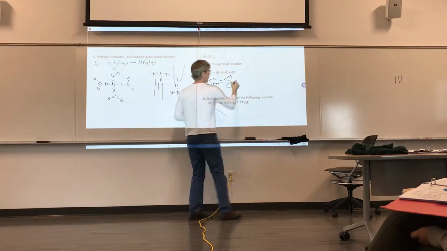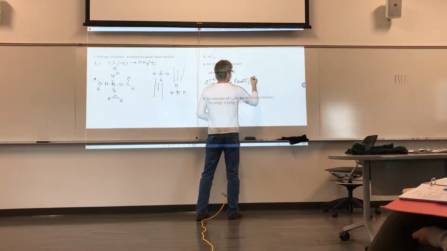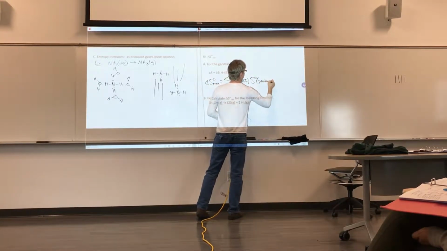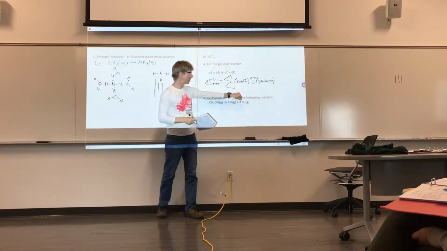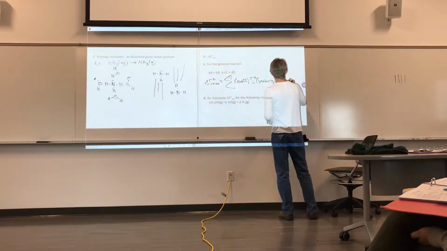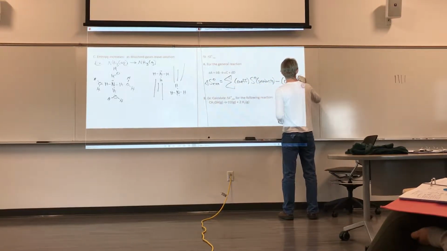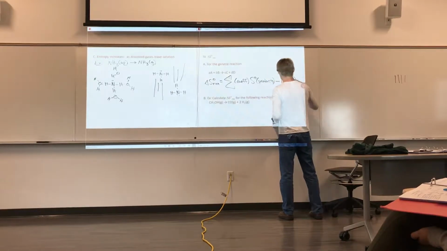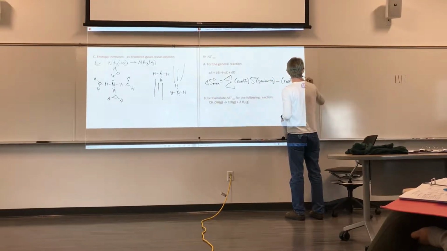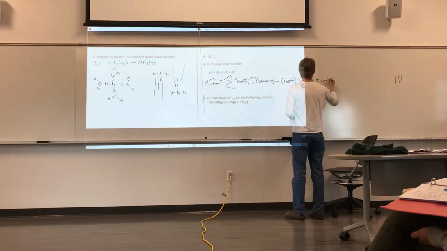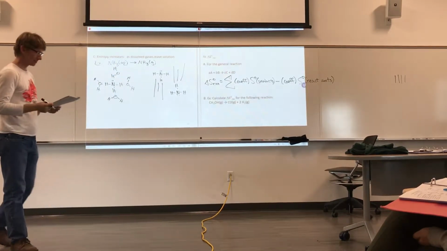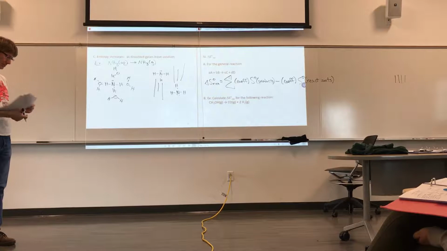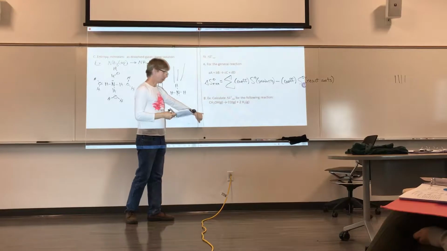It's going to be the sum of coefficients times the entropy value for each of the products over all products, minus coefficients times the S naught values of our reactants. Then we'll do one more example.